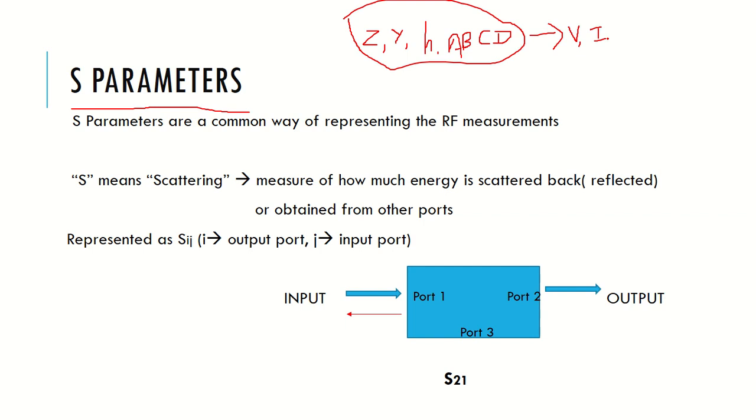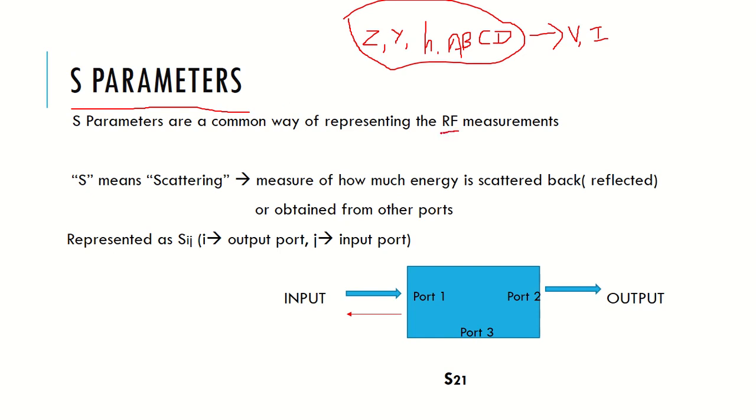But hereafter in high frequency, as I said in the previous slides, the voltages and currents are no single quantities. The voltage might get reflected, the voltage might pass through. So it is going to be a combination of various terms together. For such kind of analysis, I cannot use Z, Y, H and ABCD. I need to use a special type of parameters called S parameters.